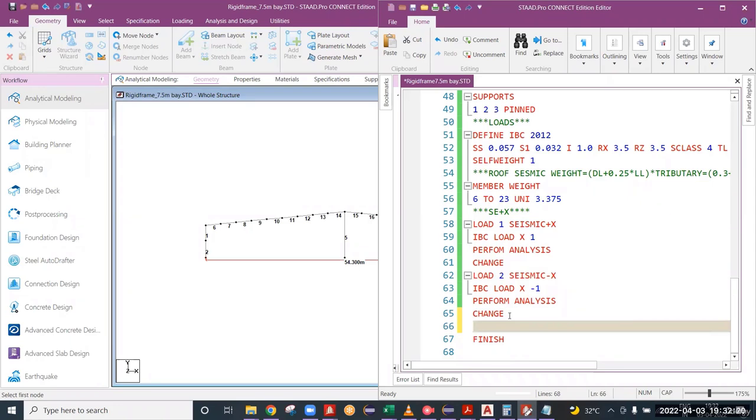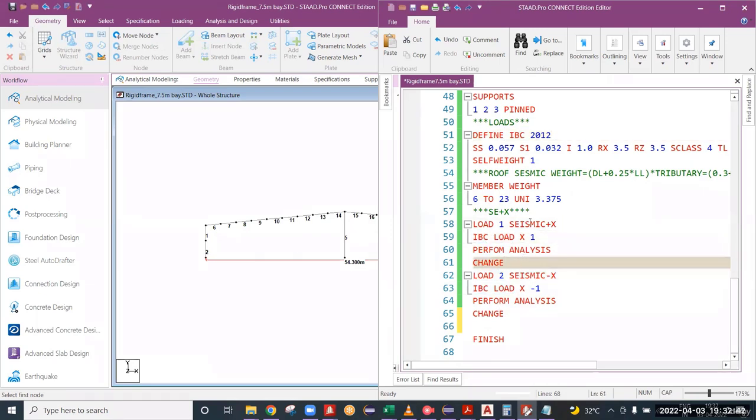So now it is clear? Clear, sir. So the change command is what is different? No, the change command means, if you observe here, these two have the same definition, right? We are applying the same definition of loading.